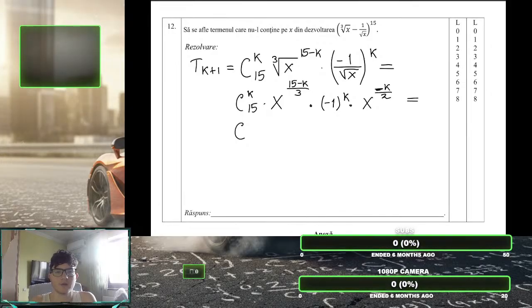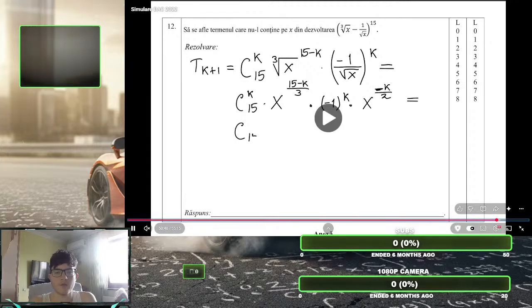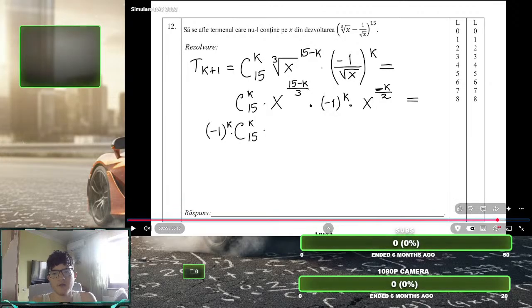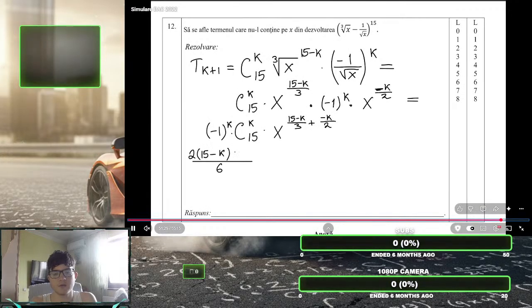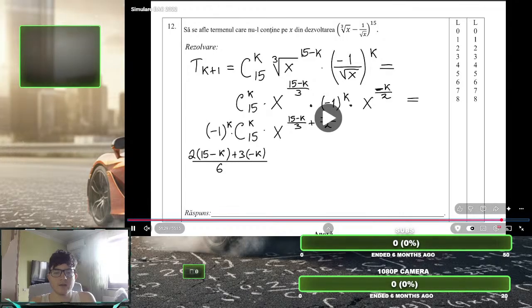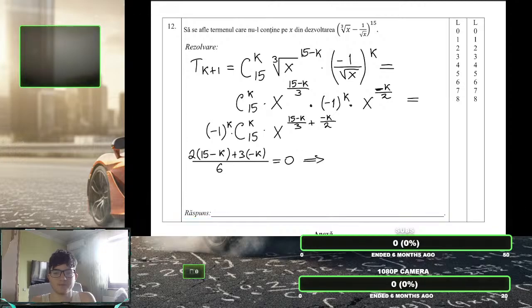So now we can just write down what we have, and the minus 1 to the power of k right there, and now x is just going to be to the power of 15 minus k divided by 3 minus k divided by 2. So now we work with that power. We essentially get the same denominator, multiplied by 2 on the left and by 3 on the right, and equal to 0.